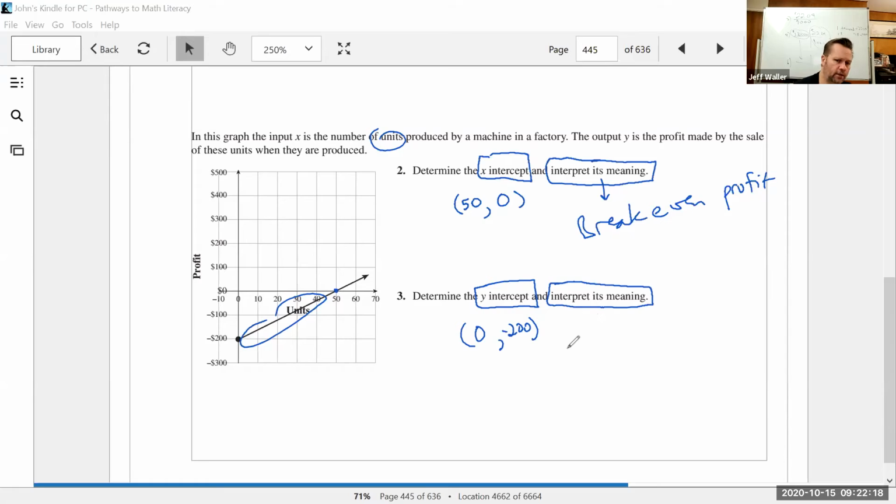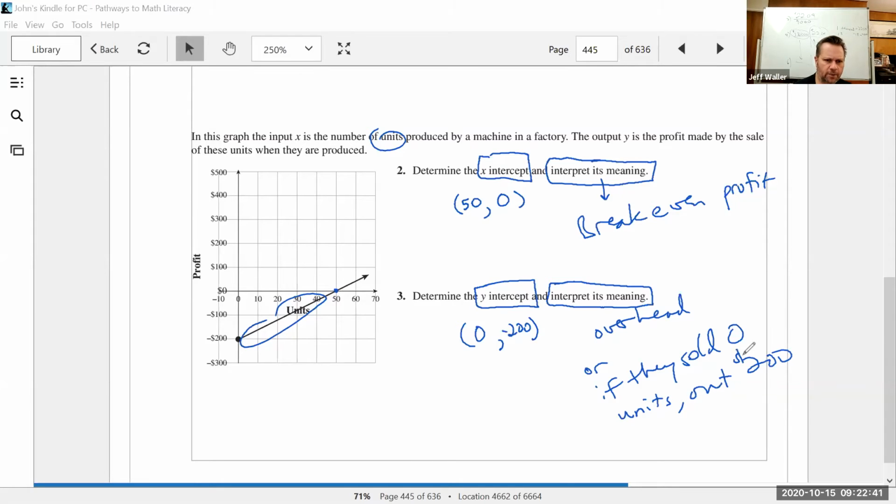It's overhead, and if you don't want to use the language, you could just say if they sold nothing, they would lose $200. They would be out $200, right? So you can say it either way: overhead, or if they sold no widgets, 0 units, they're out $200.